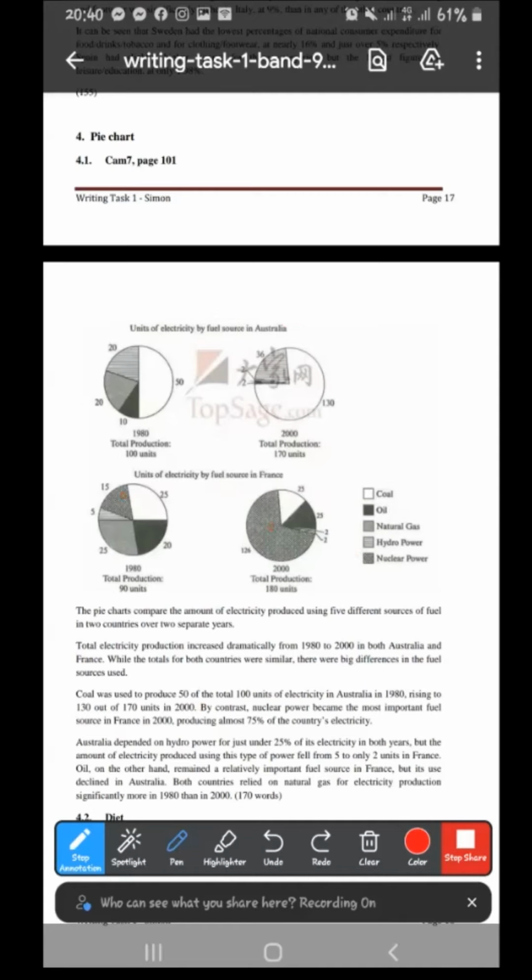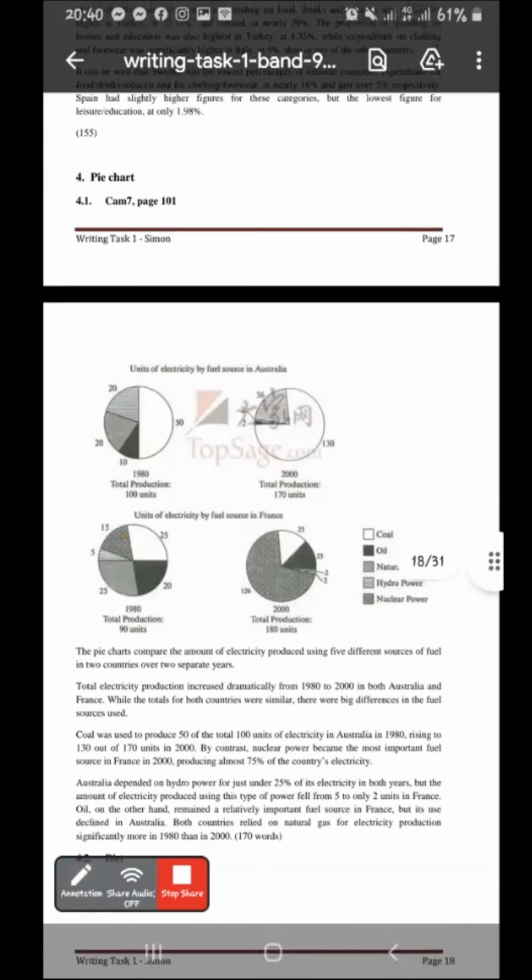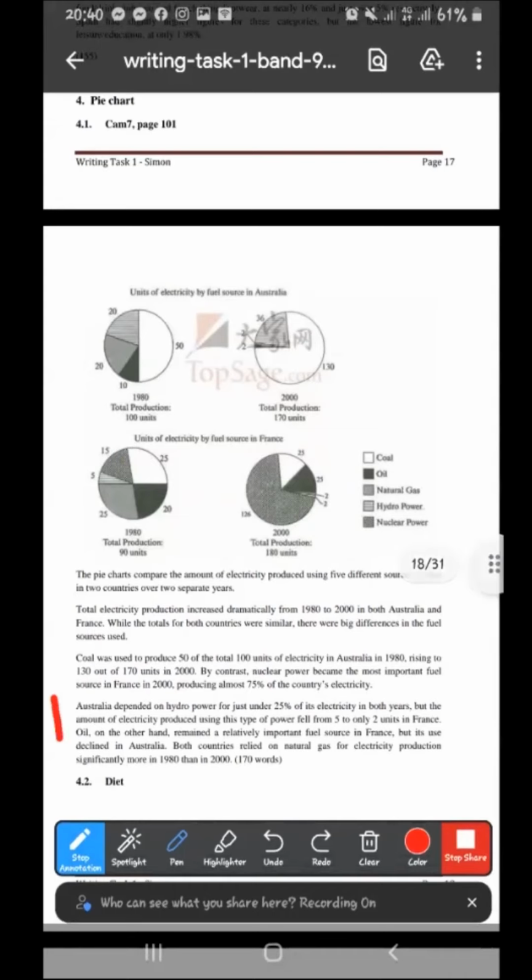In conclusion, what happens here? Australia depended on hydropower for just 25% of its electricity in both years. This is the hydropower that is being used. So they have used just under 25% of its electricity in both years.